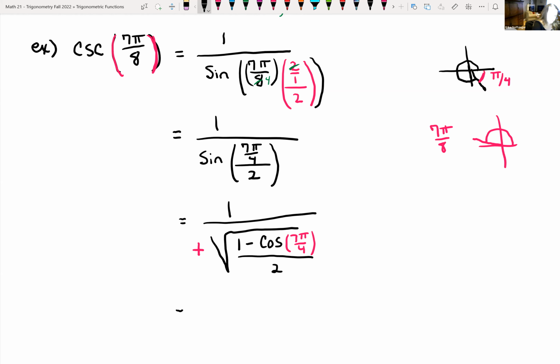Okay, so going down and simplifying some more, we have 1 all over the square root of 1 minus cosine of 7 pi fourths. The reference angle is pi fourths. It's in the fourth quadrant, where cosine is positive, and cosine of pi fourths is root 2 over 2, all divided by 2.